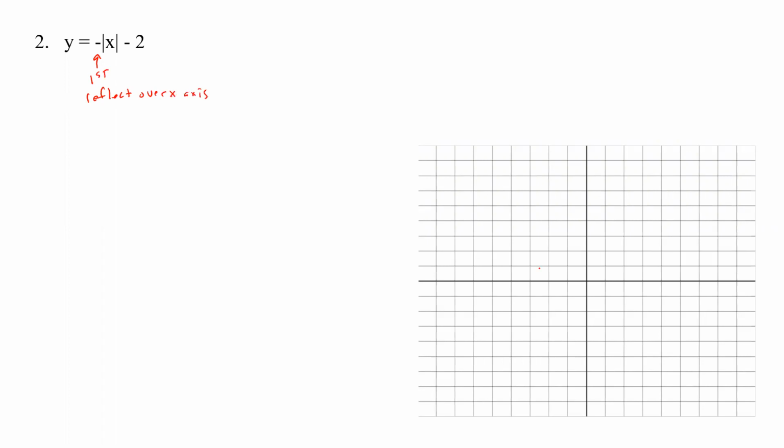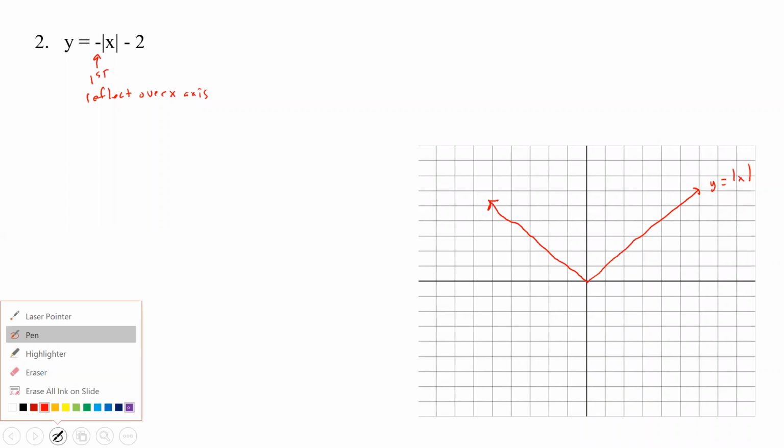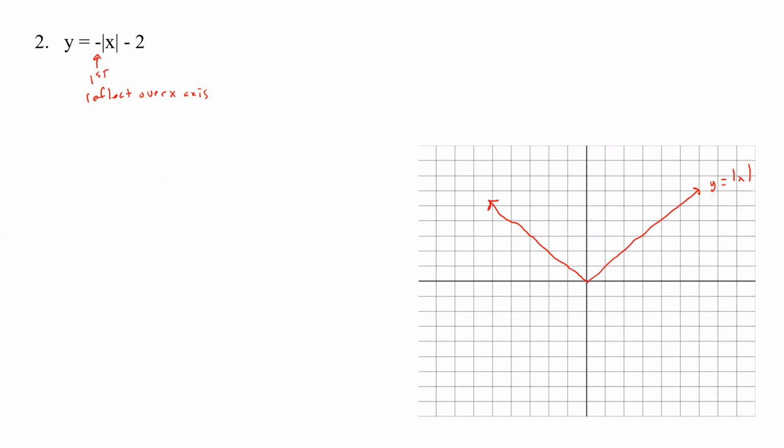Okay, so let's go ahead and draw our initial one. So this time we're starting with the standard graph in red. So that's y equals absolute value of x. And then first we're going to reflect over the x-axis. So let's go ahead and change the color now. Let's go back to purple. So if we reflect over, this goes down here.